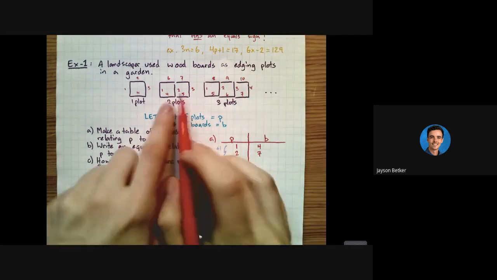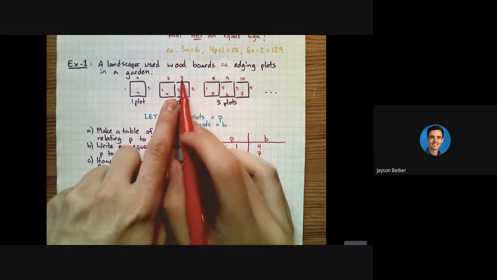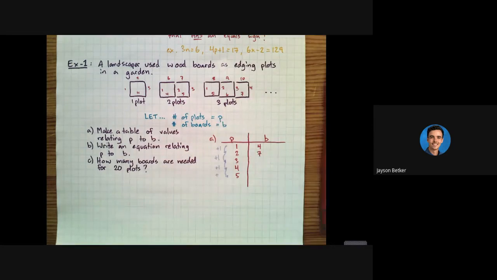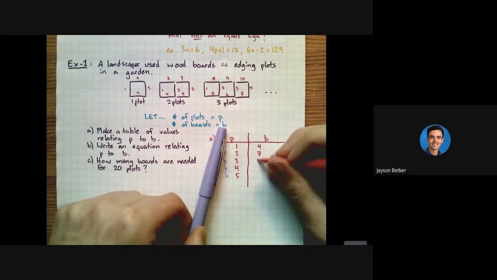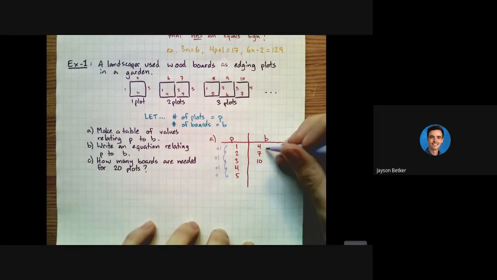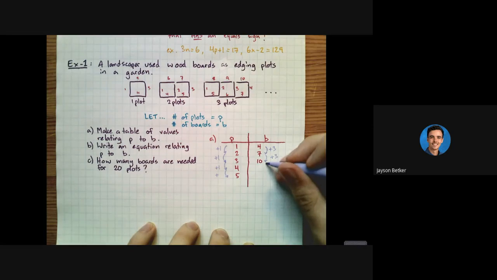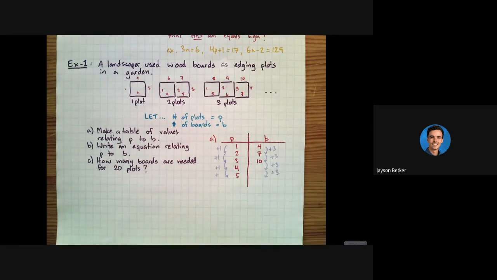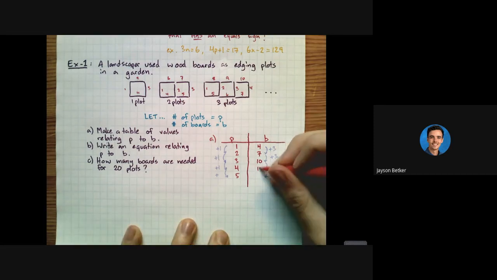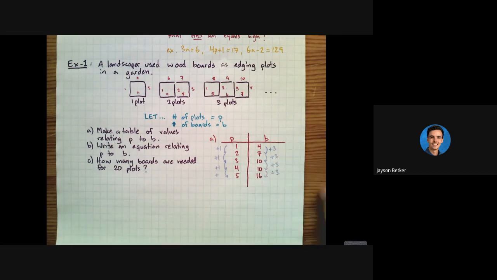So what we're basically seeing is every time I'm adding 3. So again, just extrapolate it out. This is going to be plus 3, this is going to be plus 3, and now we've got a serious pattern going on here. 10, 13, 16.